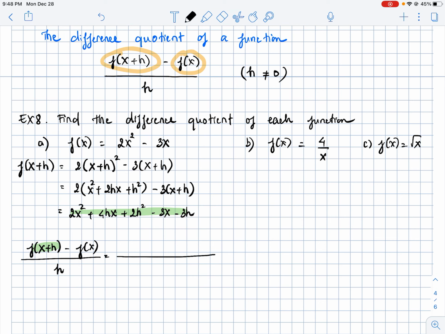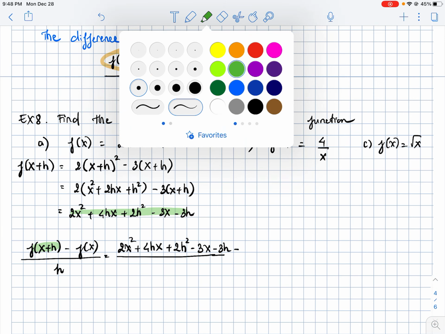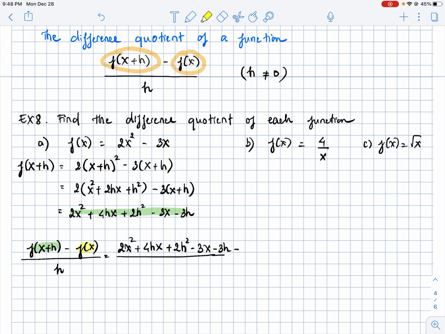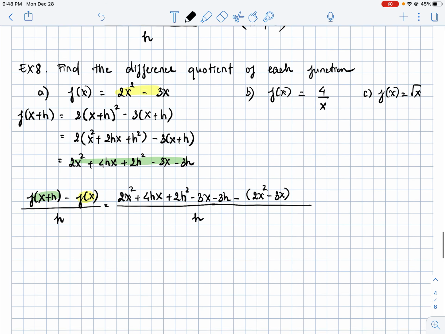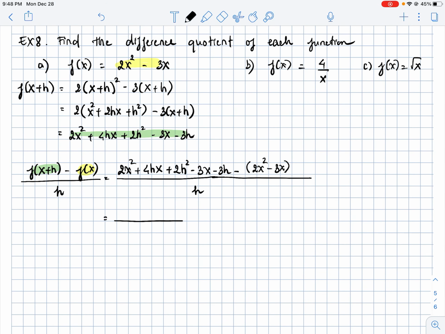So we would replace it with 2x squared plus 4hx plus 2h squared minus 3x minus 3h. And then minus the function f of x, which is the one that the problem already gives to us. This is the subtraction, so we need to be careful to open the parentheses. And then divided by h.